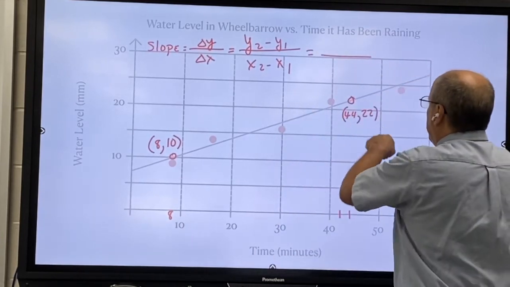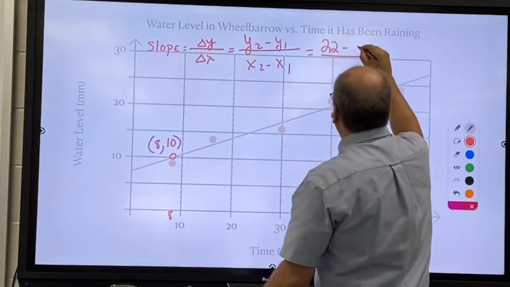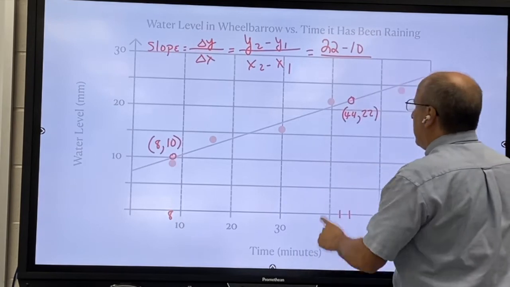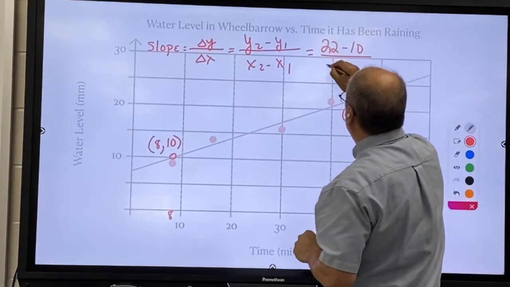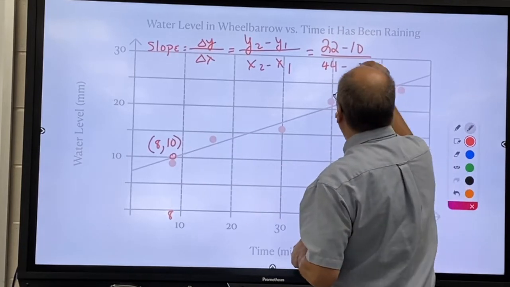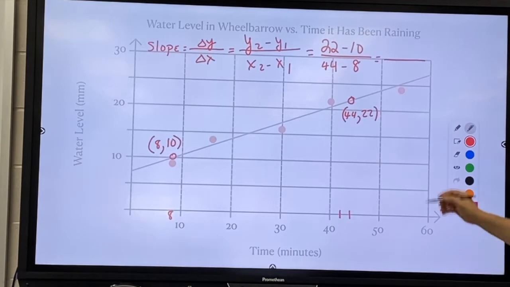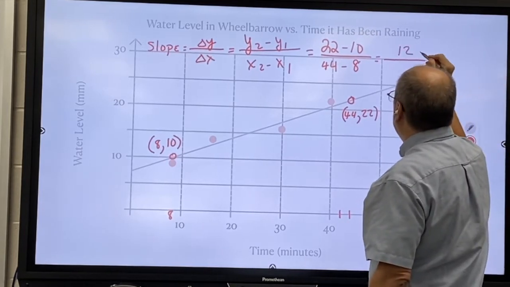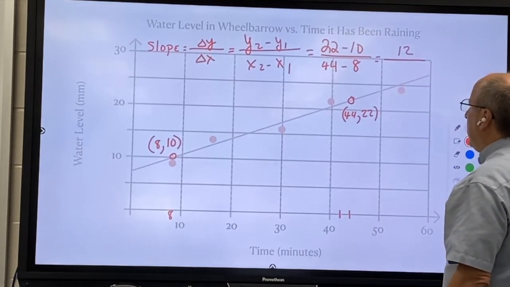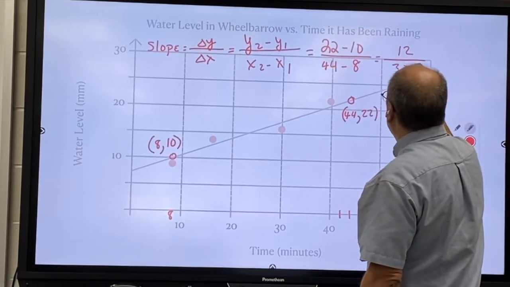So y2 would be 22, y1 would be 10, x2 would be 44, and x1 would be 8. So up top we have 12, and down the bottom we have 36.